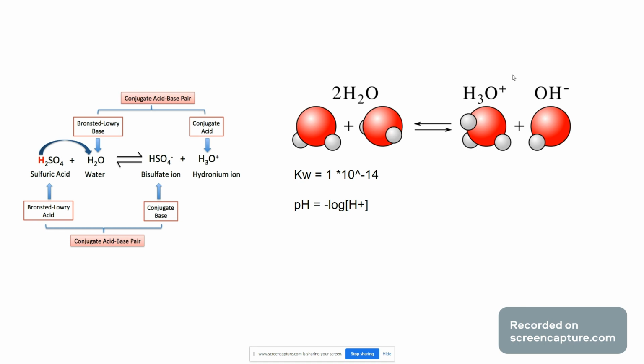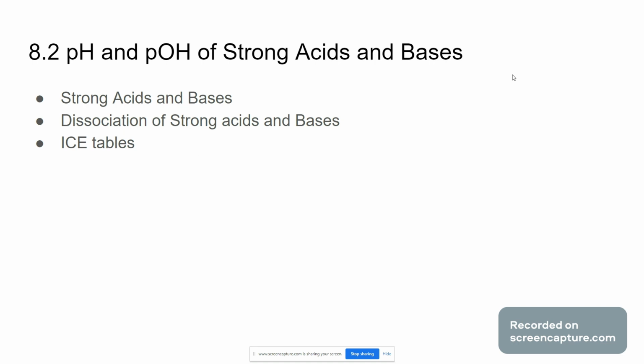That basically means the concentration of hydronium times the concentration of hydroxide equals that constant I have right there. And then we ignore water because it's liquid. A trend that you should remember: as temperature increases, your Kw will also increase.